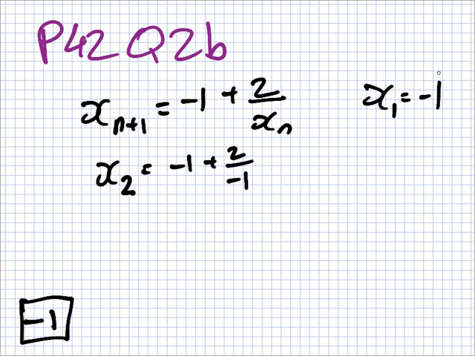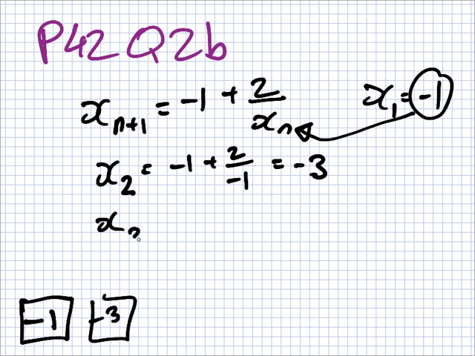So take your number, you put it into the formula, and it gives you the next number. Then you take your answer and you put it back in, and it gives you the next number, and so on. So what's that? That's going to be minus 3, isn't it? So the next term would be minus 1 plus 2 over minus 3.